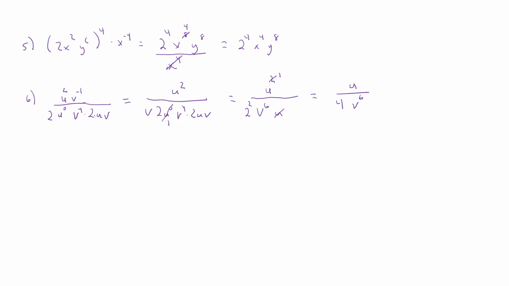All right, let me see. Where's the next one? How about y to the 3rd x to the negative 3 y squared over the quantity x to the 4th y squared to the 3rd. All right. So what do we have here?